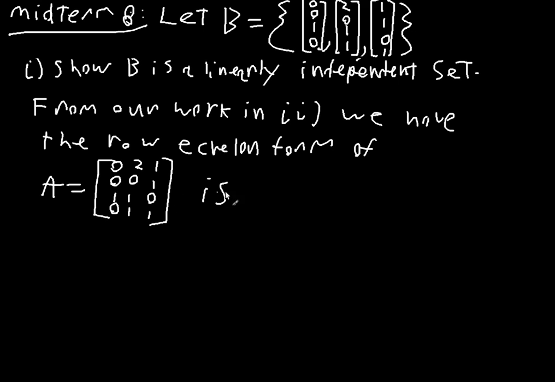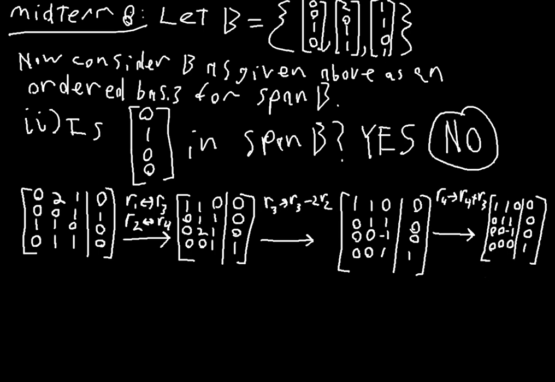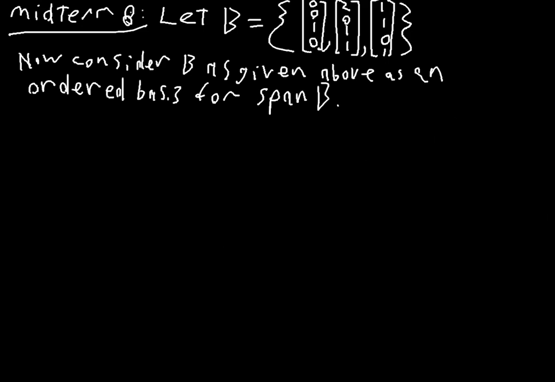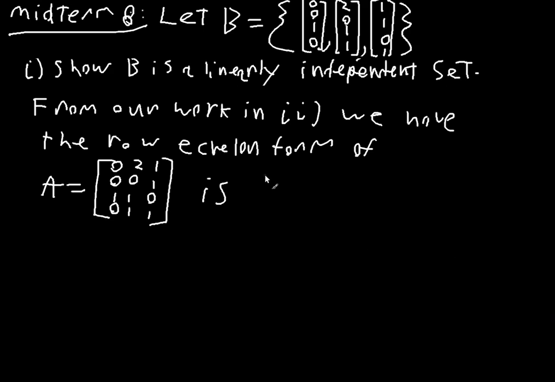Let's go back to remember what that is. It's 1, 1, 0, 0, 1, 1, 0, 0, minus 1, and then a bunch of zeros.